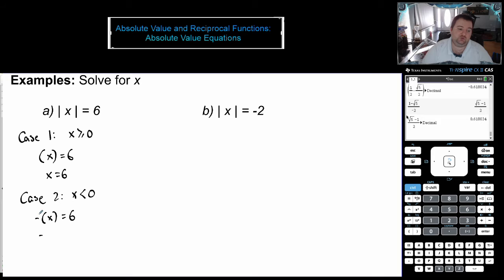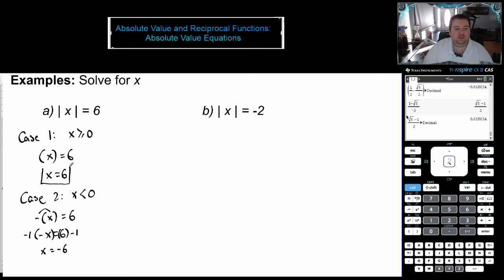When you distribute the negative sign, negative 1 times x is negative x, which equals 6. Then multiplying both sides by negative 1, you end up with positive x, because negative 1 times negative x is positive x, equals 6 times negative 1, which is negative 6.